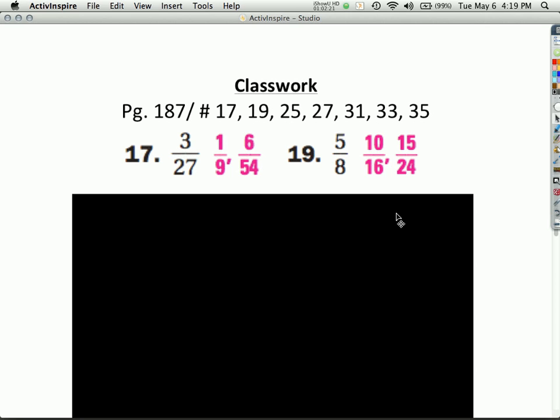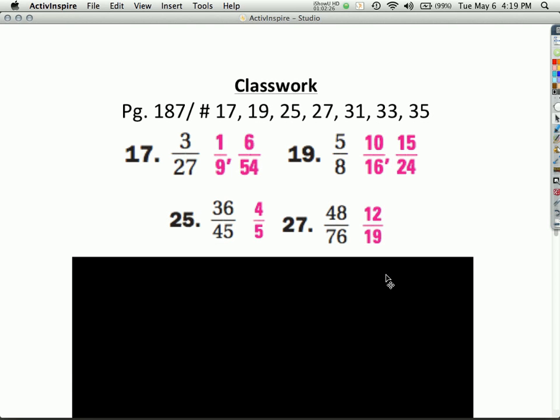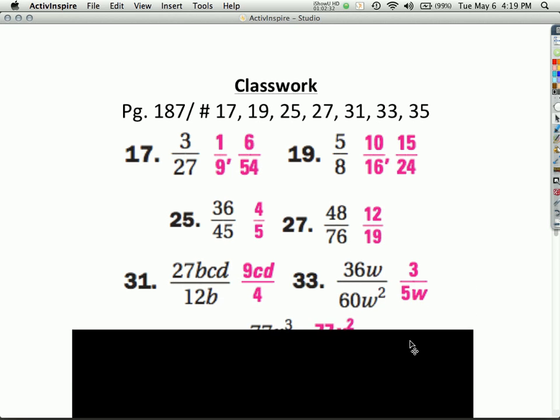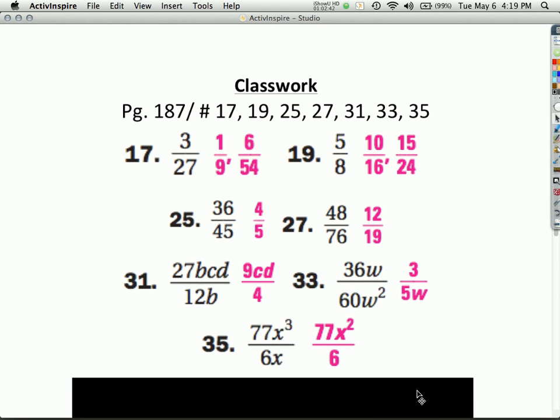You may have had something totally different. Number 25 is 4/5. 27 is 12/19. And 31 is 9CD over 4. 33 is 3 over 5W. And 35, 77x squared over 6.